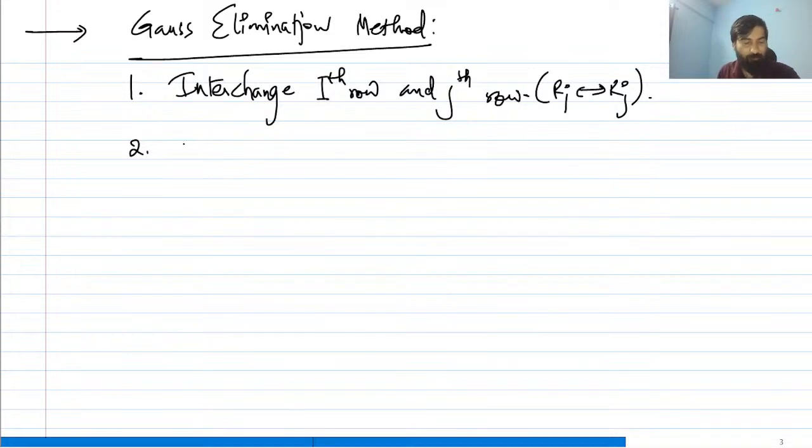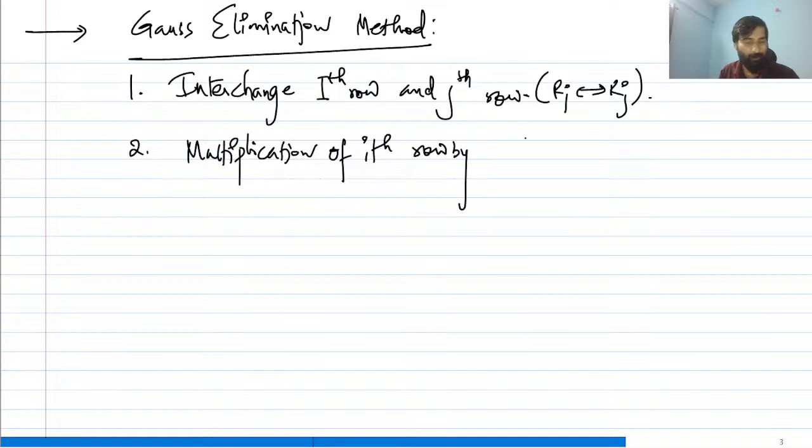Next, multiplication of the ith row by a non-zero number. Why multiply by non-zero? So that it will not become zero.